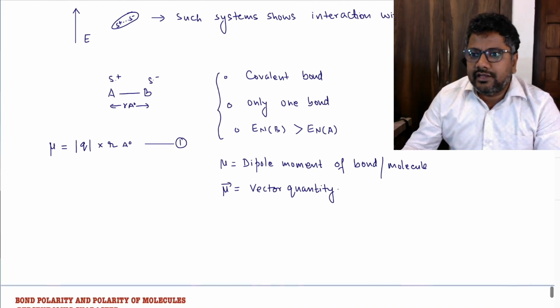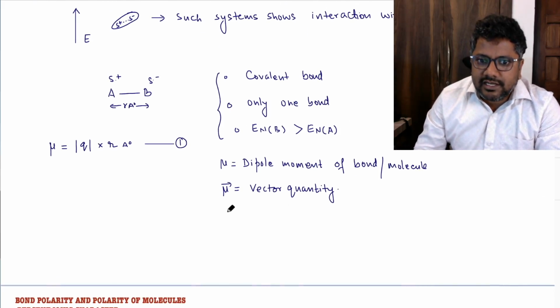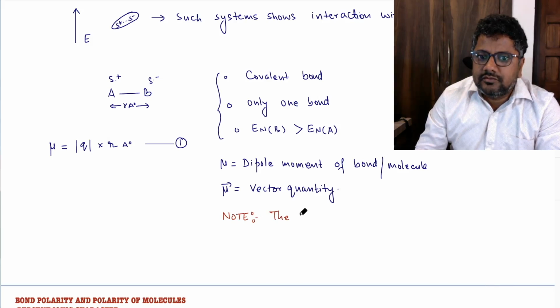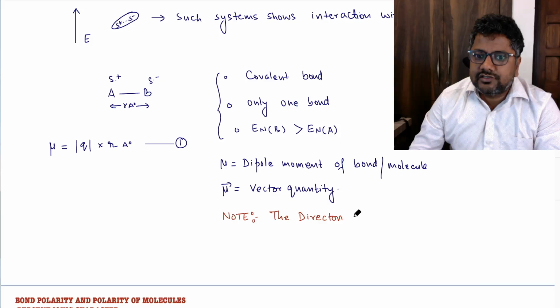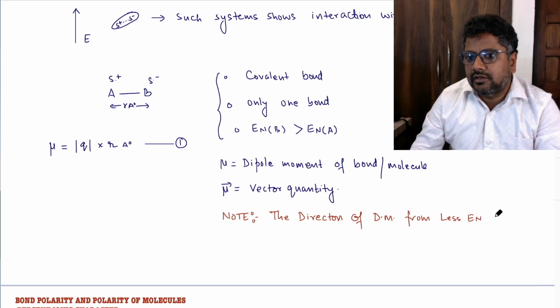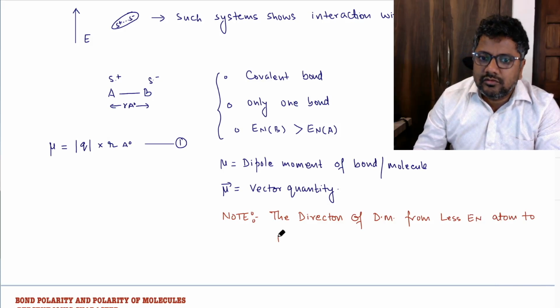This is a very, very important point here. The direction of dipole moment is from the less electronegative atom to the more electronegative atom.